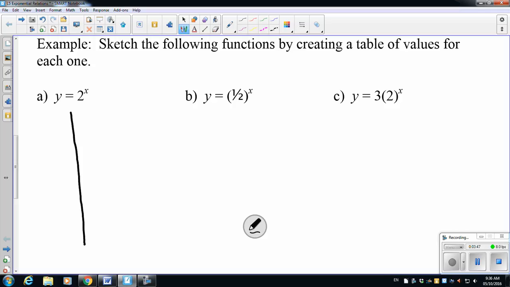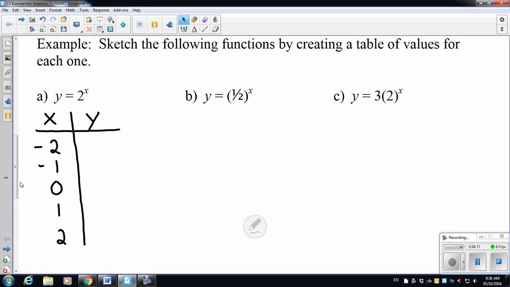If I'm going to make my own table of values without relying on technology, I'm going to start with a nice little t-chart, and I'm going to title one column X and one column Y. And then in my t-chart, every time I'm going to put two negative numbers for X, 0, and two positive numbers for X.